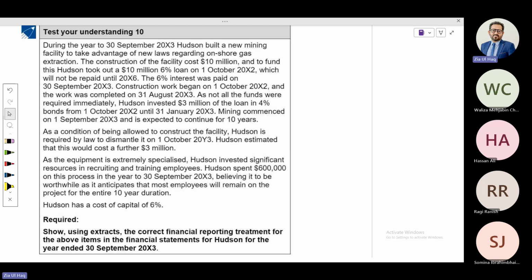Online students, are you there? Yes, sir. Please try this question, so that we can realize to what extent we are understanding the concepts.